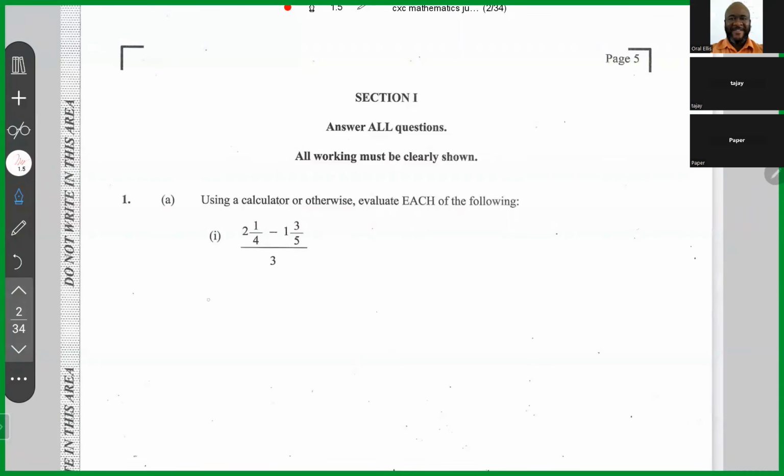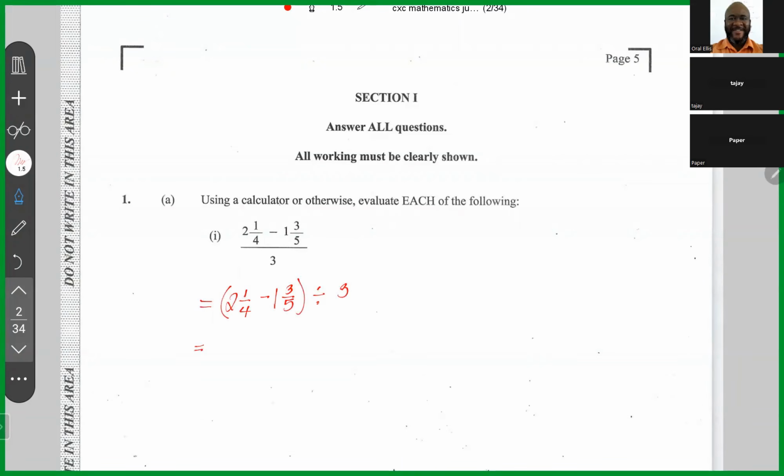So I'm going to write this as what? 2 1/4 minus 1 3/5. That's my numerator, divide by 3. Next, I'm going to convert all mixed numbers to improper fractions.